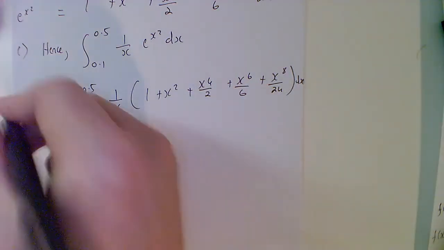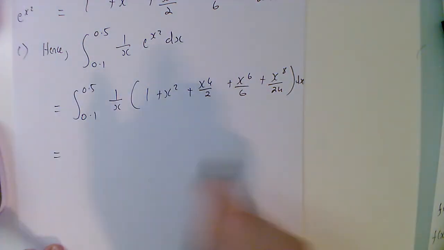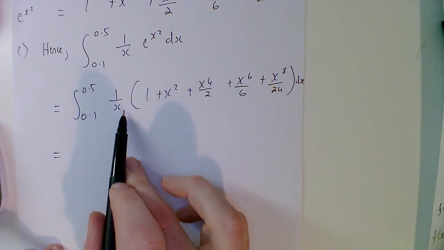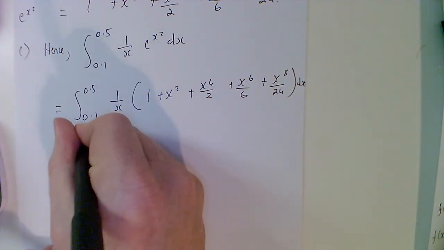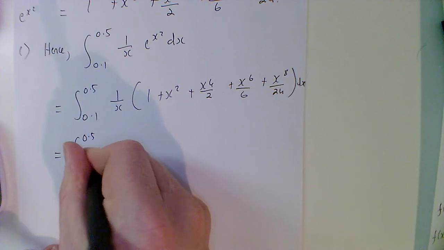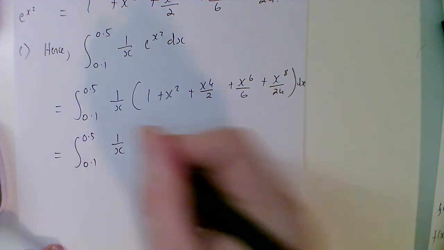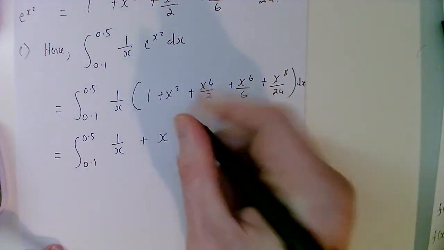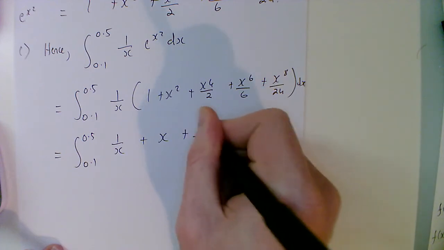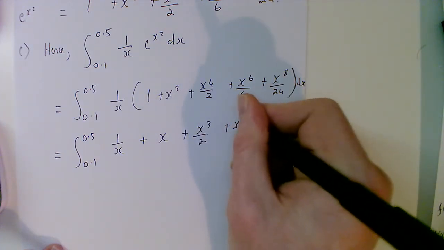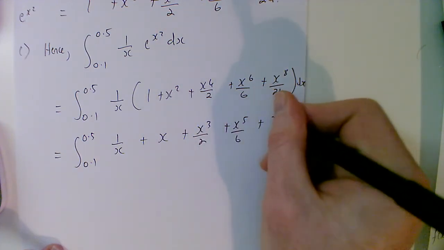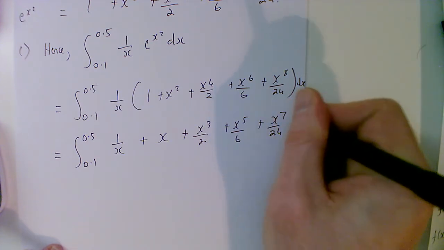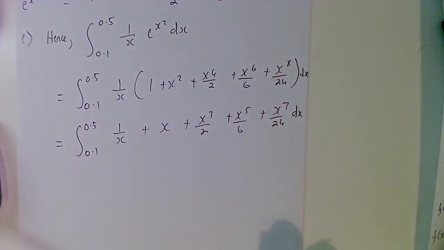Right, now, we know 1 over x, which means divide everything by x. Like that.